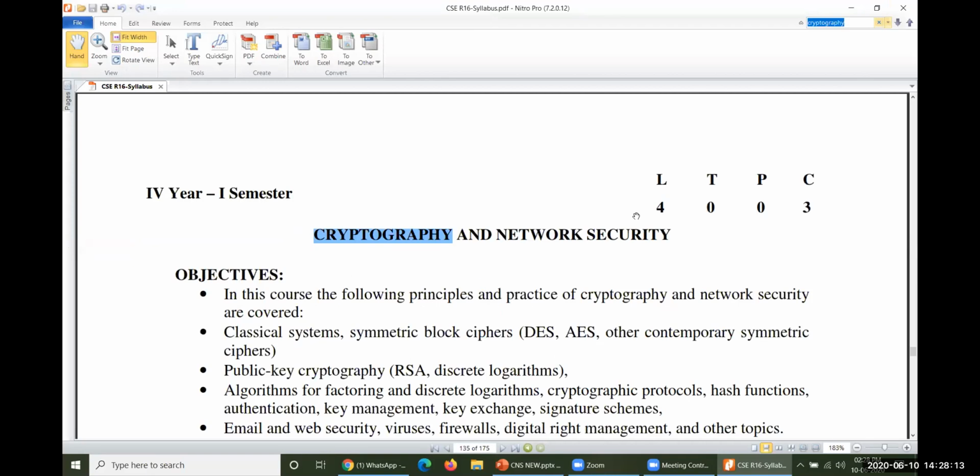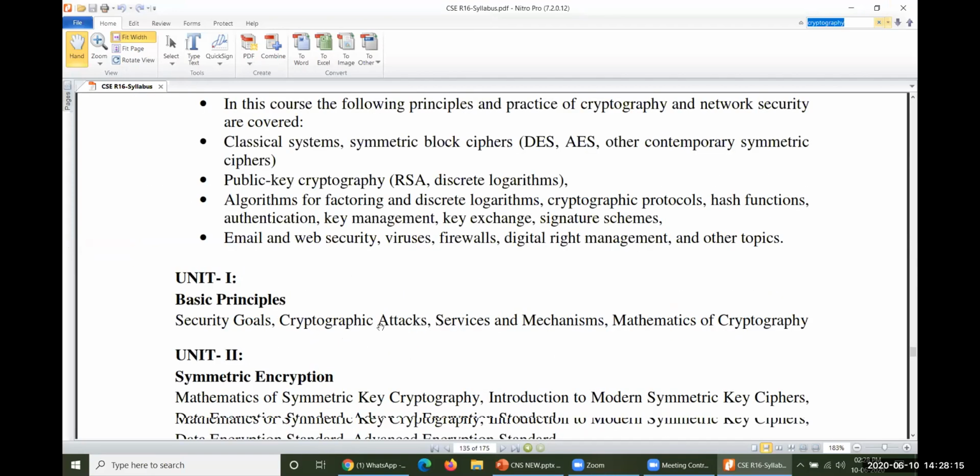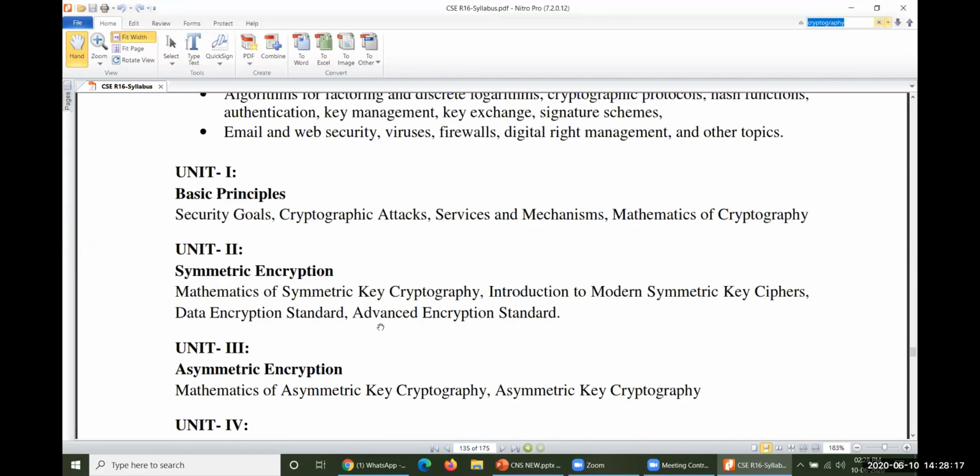It is completely based on modern key. Mathematics already we have discussed. We have discussed almost everything regarding mathematics. So if the situation demands, I will go ahead and review the mathematics further.